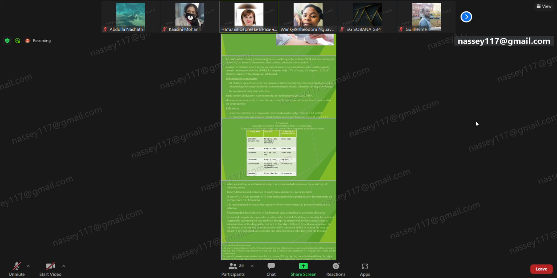It is recommended to control the regularity of bowel movements to prevent lymphogenous infection. Dose reduction of antibacterial drugs is recommended depending on creatinine clearance test.